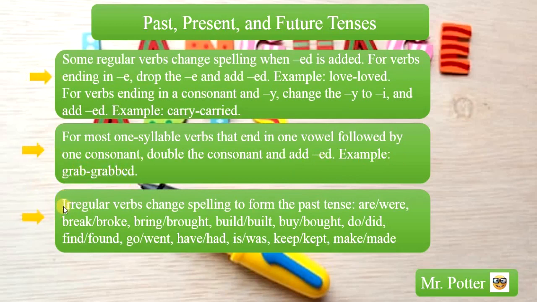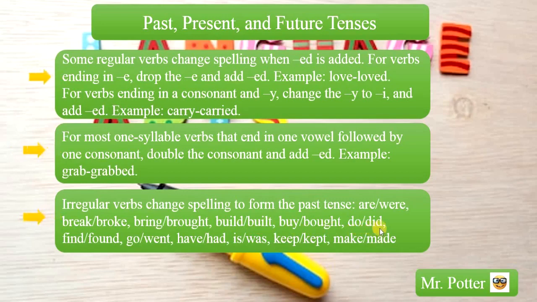Number 3, irregular verbs, okay? In the case of irregular verbs, change spelling to form the past tense. Are changed to were. Break changed to broke. Bring changed to brought. Build changed to built. Buy changed to bought.